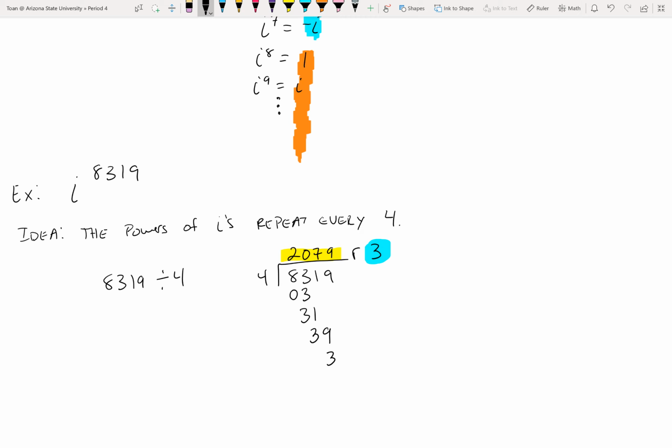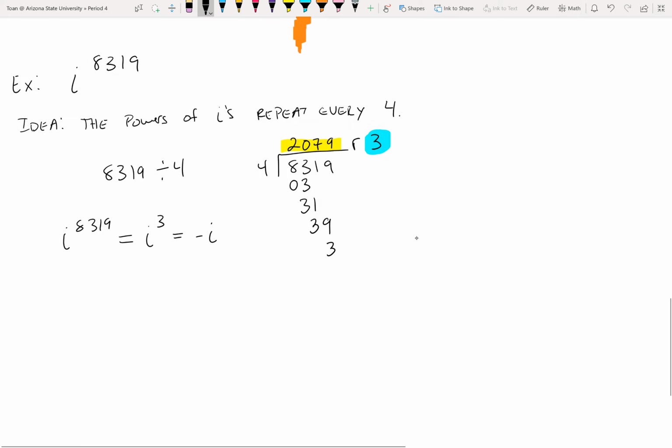So all of this work says i to the 8,319 is the same as i cubed, which I hope we can then go through the pattern and just know off the top of our heads that that's negative i. Right. So that's the idea. If you ever have to do an exponent of i and it's wickedly crazy, don't spend 5 minutes going through the pattern. Divide the exponent by 4, you keep the remainder.